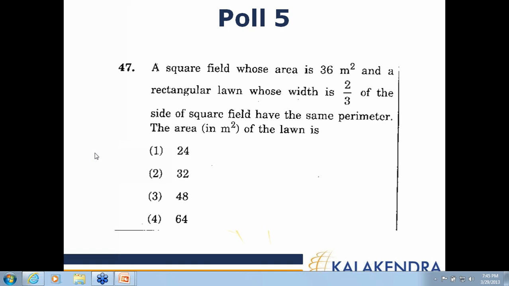So the square field has a perimeter which is equal to how much? 4 times 6, which is 24. And similarly, the perimeter of the rectangular lawn will also be 24, and one side is 4.